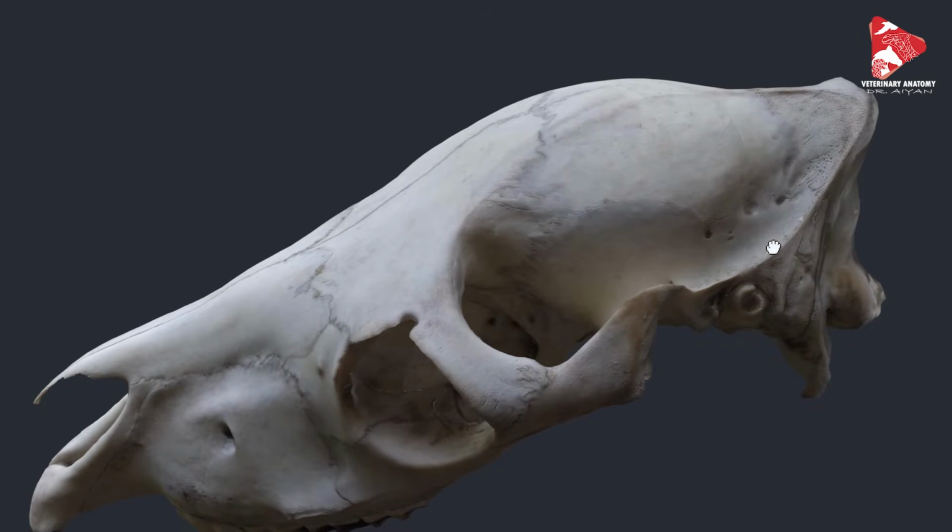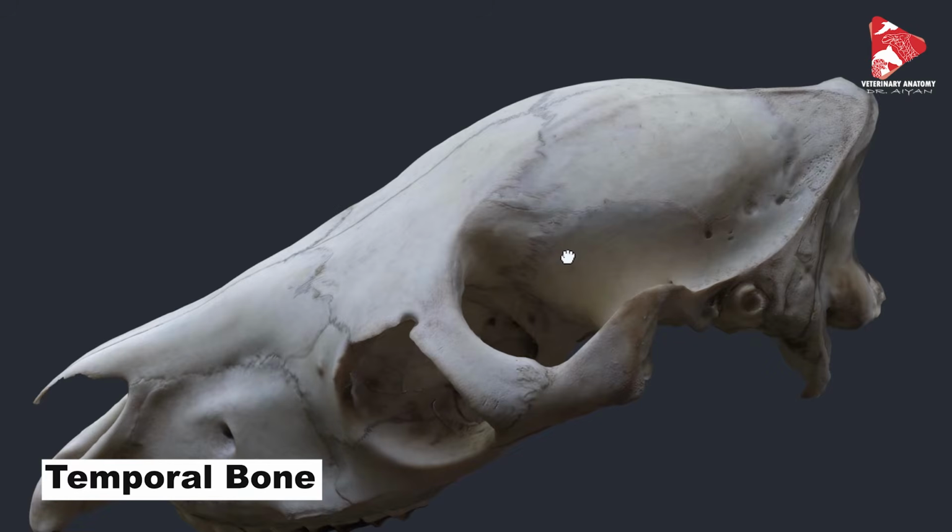Now in the lateral view, the bone which forms the lateral wall of the cranial cavity is a huge bone here called the temporal bone. So this is all the temporal bone, and there are a lot of features, projections, and foramens inside the temporal bone.